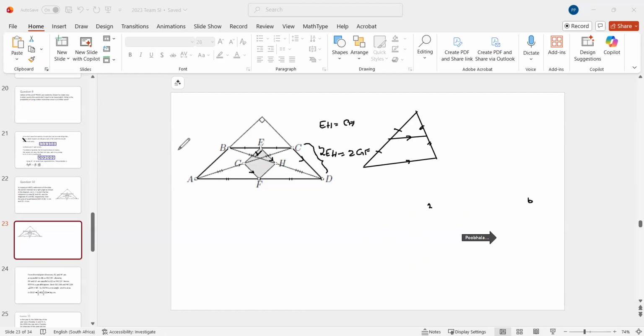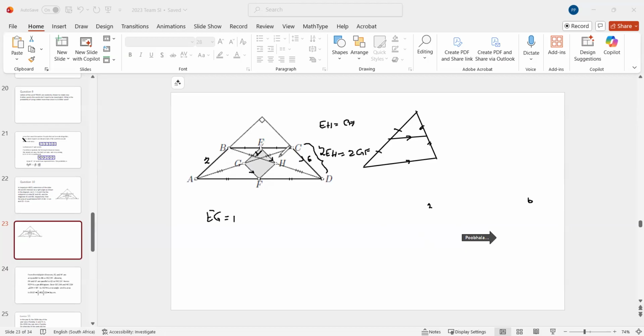Now, we are also given that AB was 2 and the other one is 6, if I recall. This is 2, and this is 6. Which means that EG is 1, because this is equal to half of that.